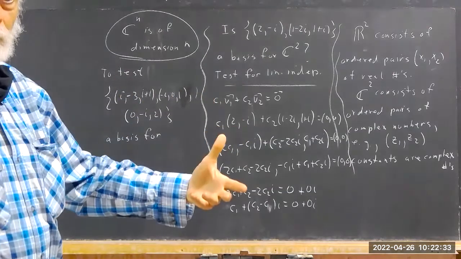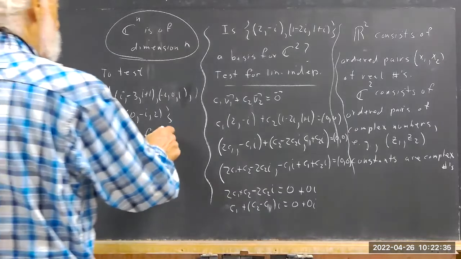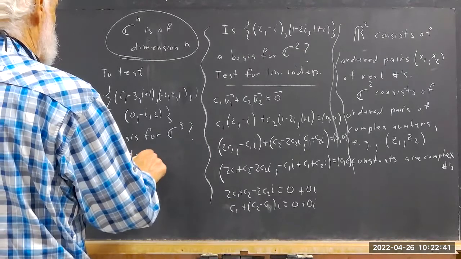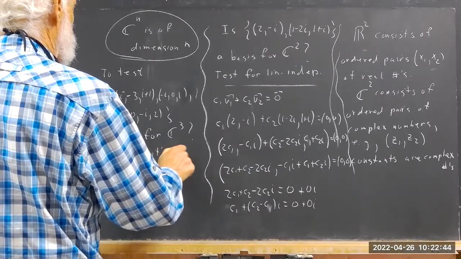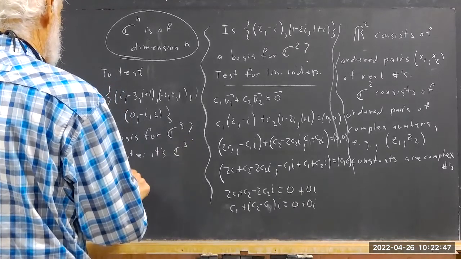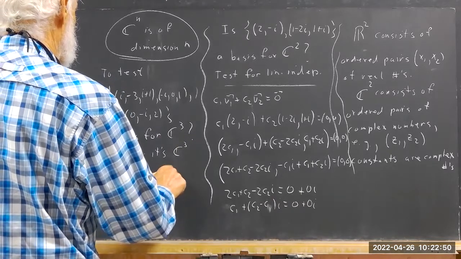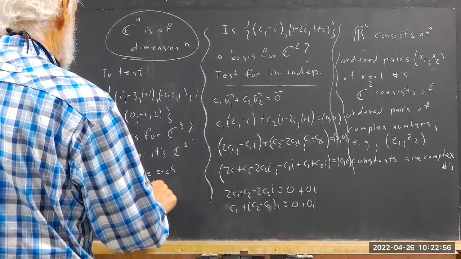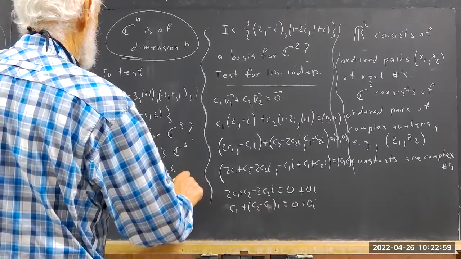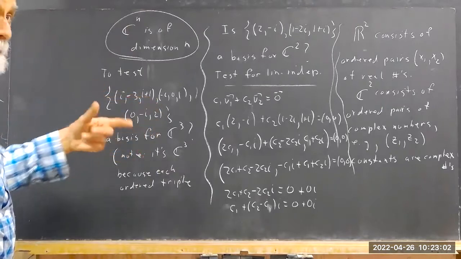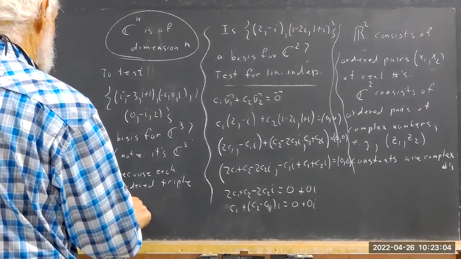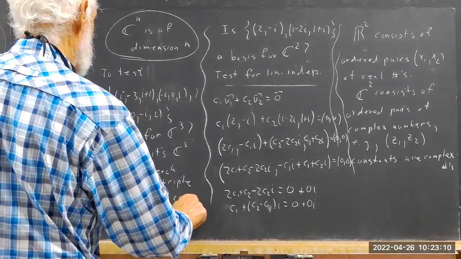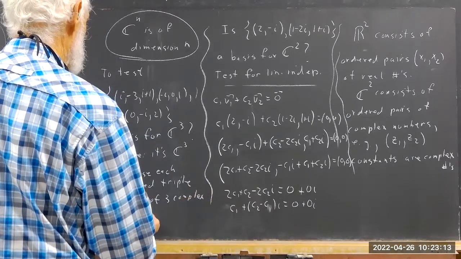They live in C3, because each ordered triple consists of three complex numbers.